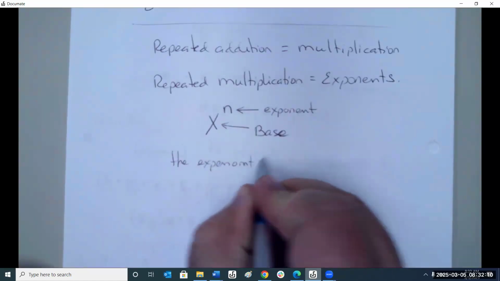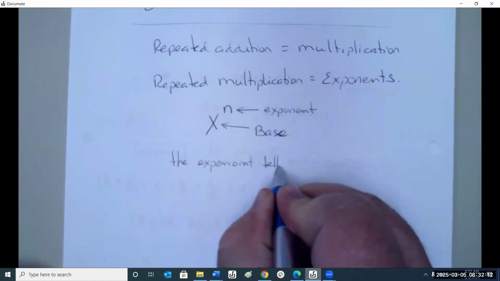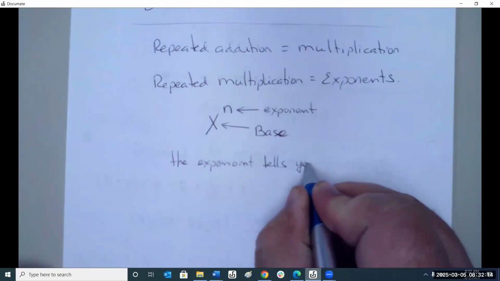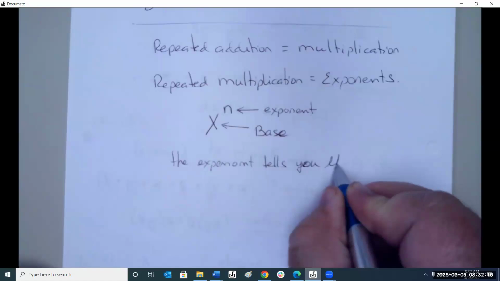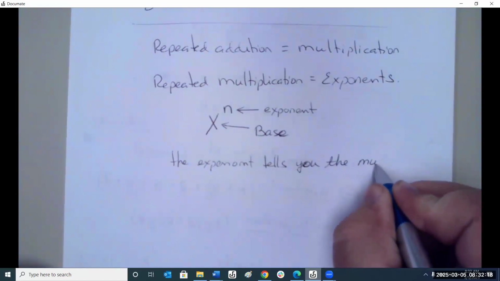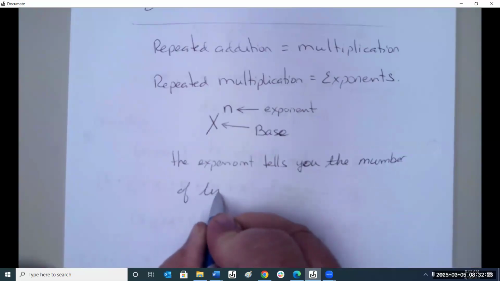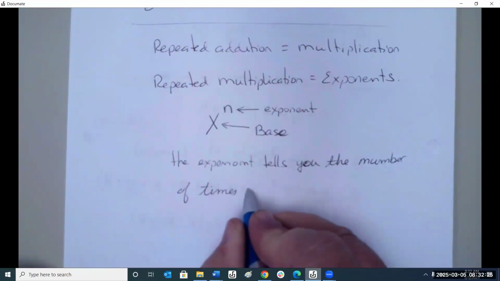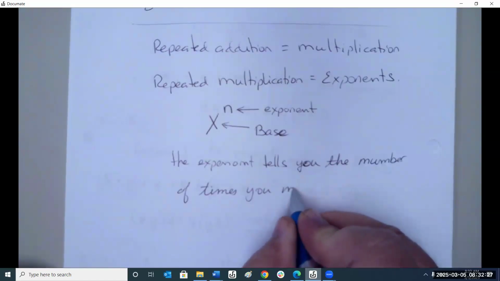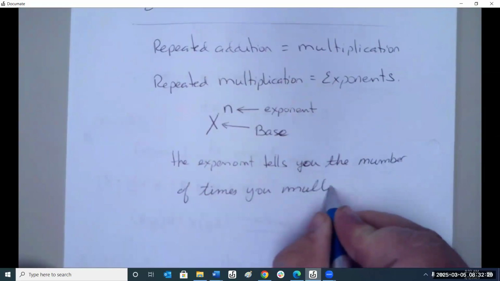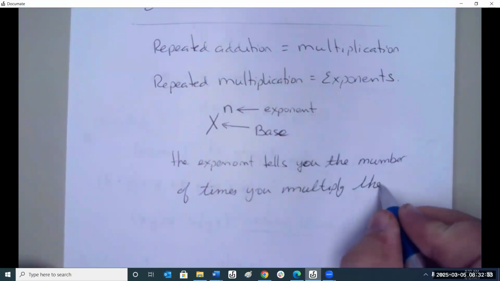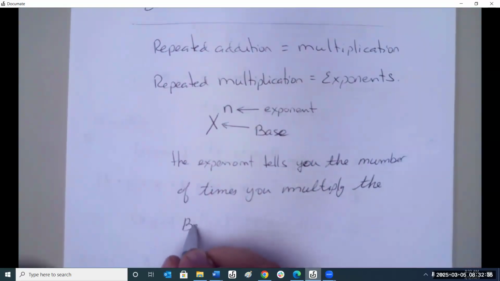The exponent tells you the number of times you multiply the base to itself.